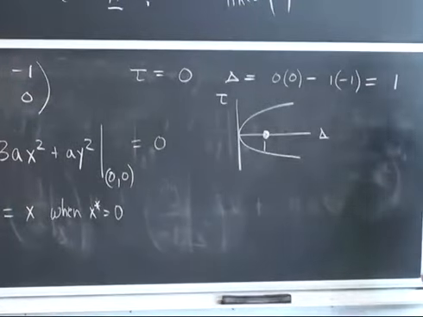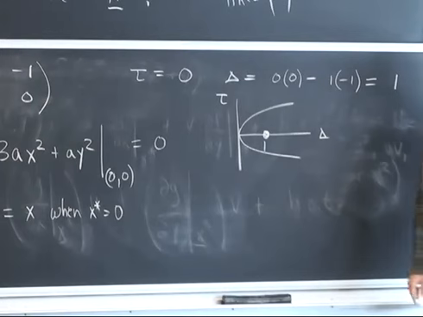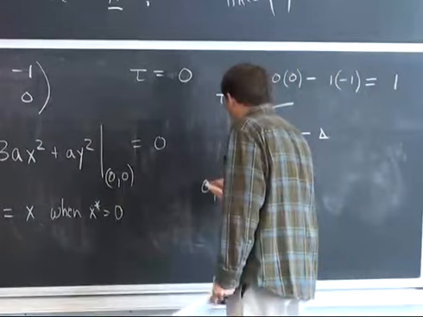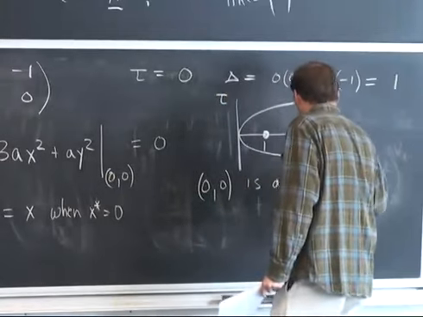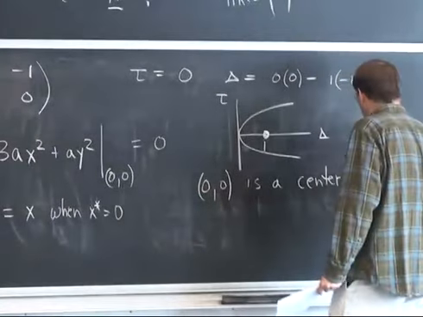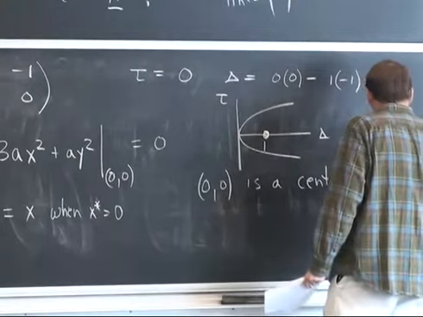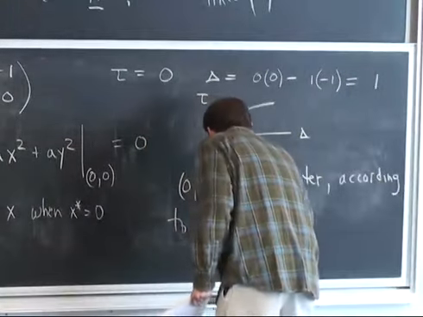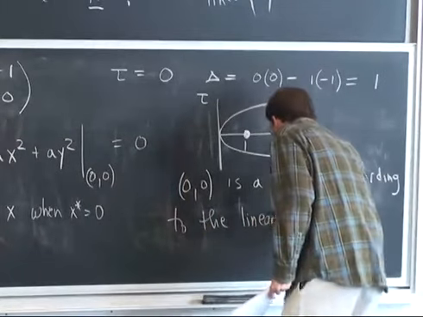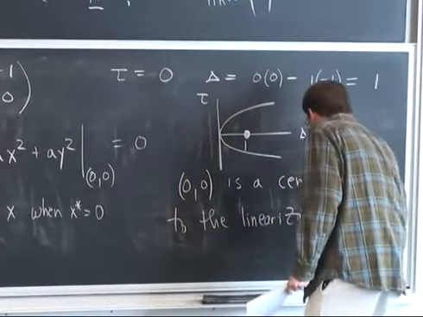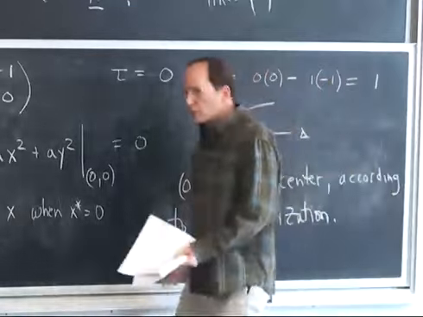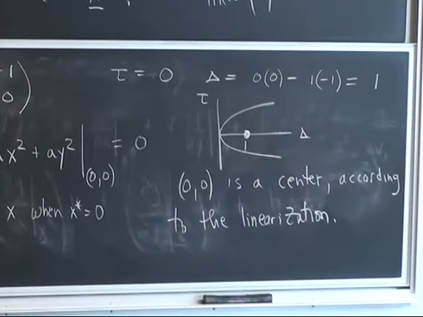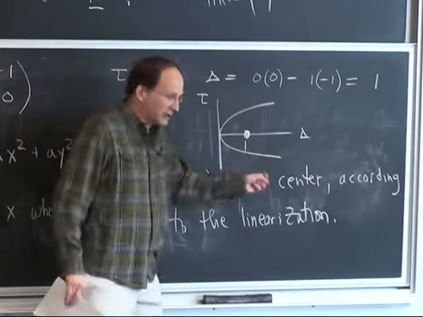So it's sitting right there. That is, according to the linearization, a center. So (0, 0) is a center according to the linearization. And in situations like this, we would say it's a linear center. That's what we'll mean by a linear center: that the linearization predicts it's a center.